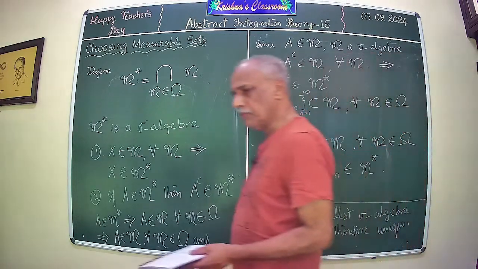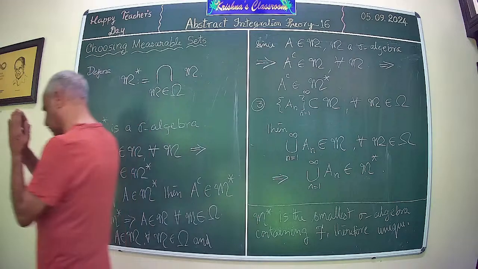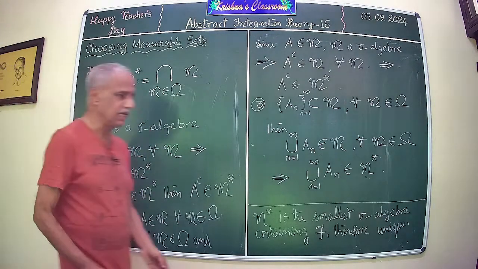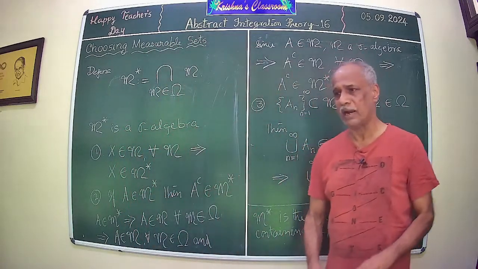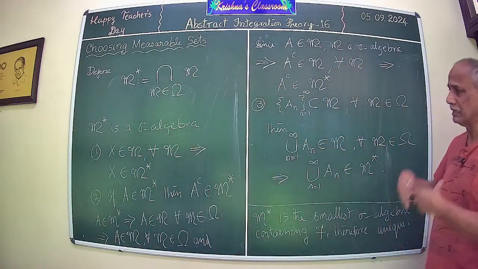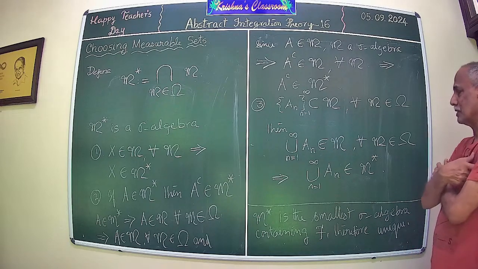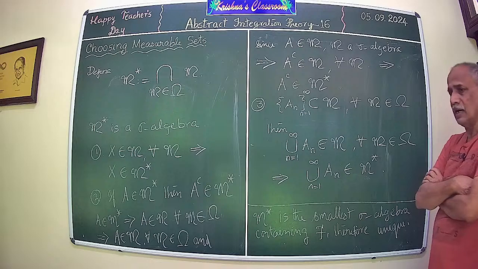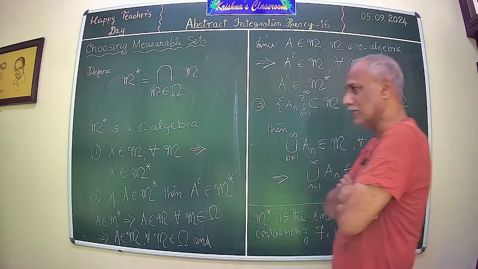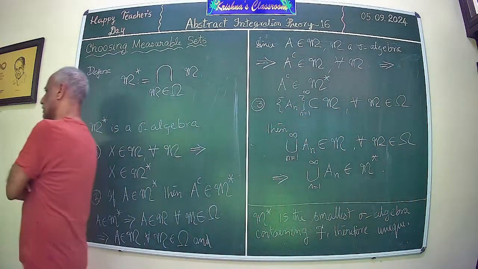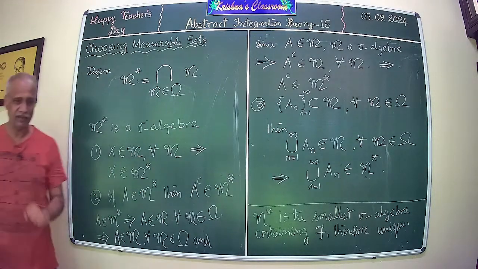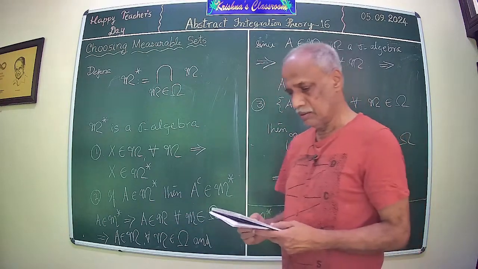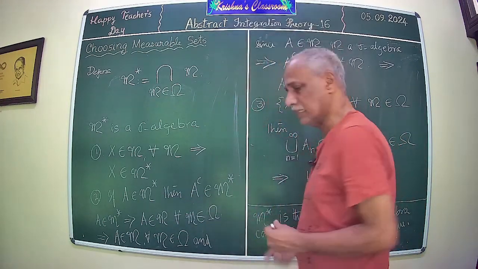So what we have proved is that given F, there is a uniquely determined sigma algebra, which is the smallest sigma algebra containing the set of elements. So for our purpose, since we will be focusing on what happens to these sets in F, we would need the smallest sigma algebra that contains F. And that is what we have shown, that there exists such a sigma algebra. Okay, let us look at some of the consequences.